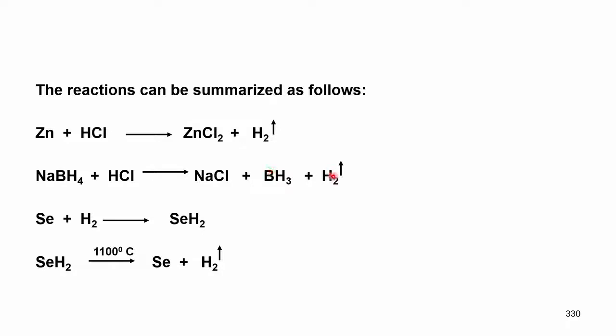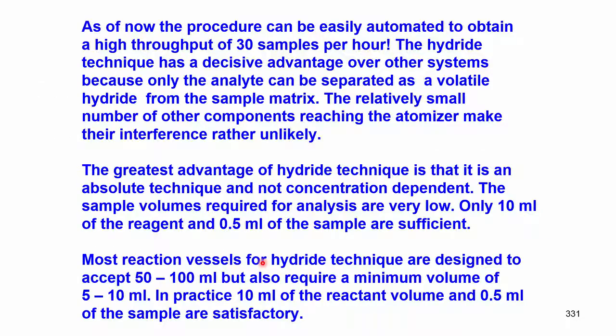But this hydrogen will react with selenium to produce selenium hydride. So the selenium hydride will react in the flame, it will just decompose, producing selenium atoms and hydrogen gas, which will be going out through the U tube, okay, because we have already detached it before we introduced it, and then that can be taken care of. Okay. So as of now the procedure can be easily automated to obtain a high throughput of 30 samples per hour.